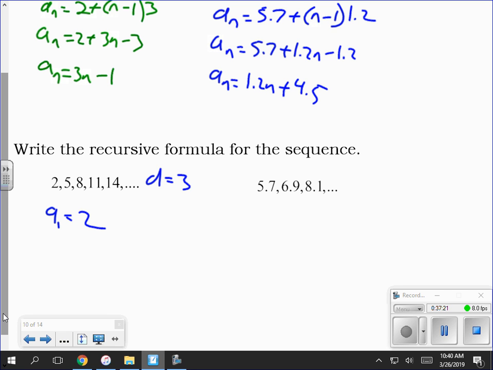What am I doing each time? I'm adding 3 each time, right? So to get the A sub n term, I take the A sub n minus 1 and add 3. Plus whatever your D is. A sub n equals A sub n minus 1 plus whatever your D is.